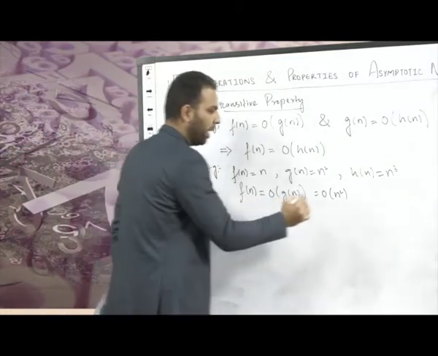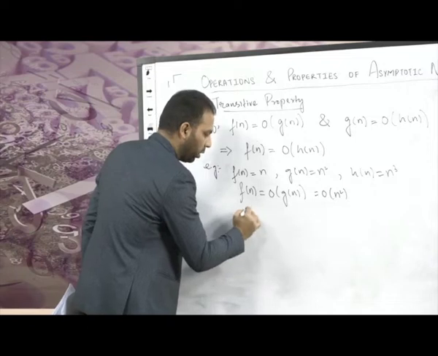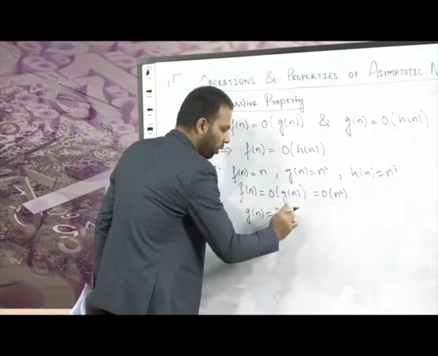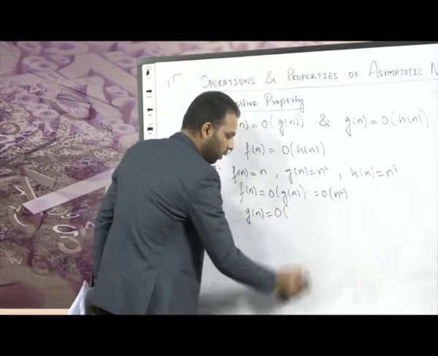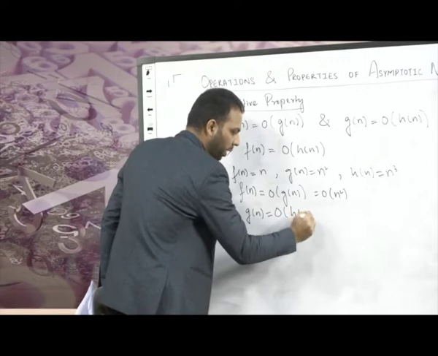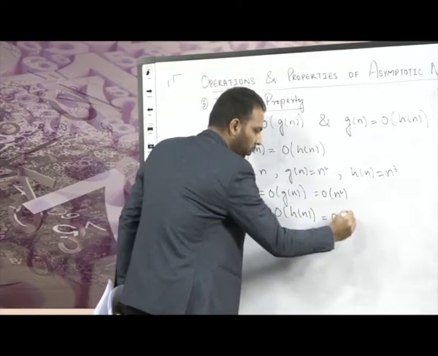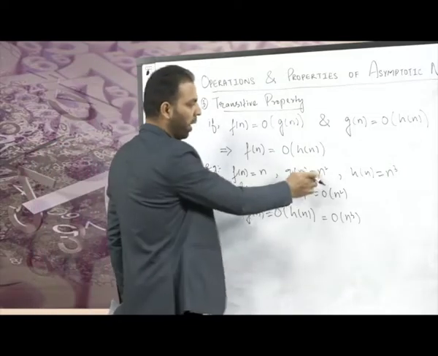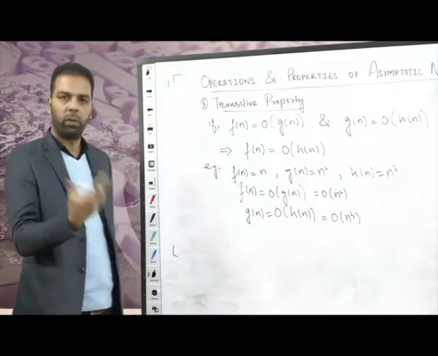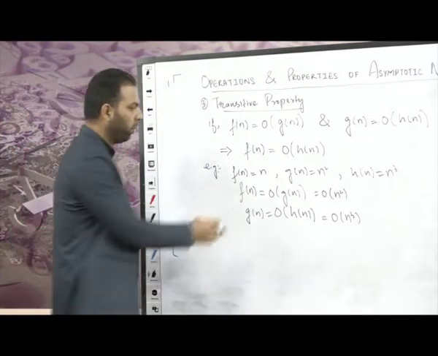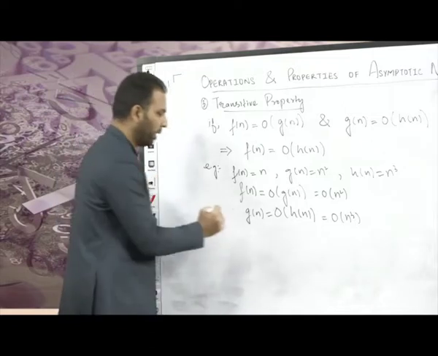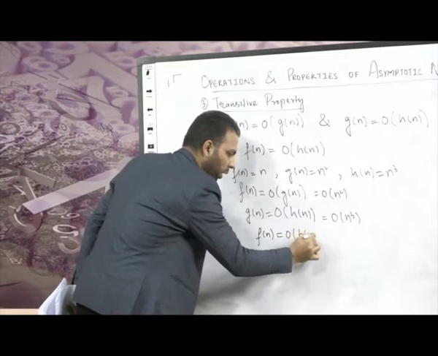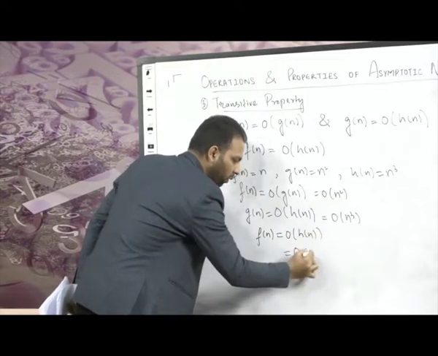Also, we can say that your g of n is order of h of n, which is equal to order of n cube. Yes, we can write, because g of n is your n square and n square is order of n cube, the upper limit. So from these two, using transitivity property, what we can say is that f of n is order of h of n, means it will be order of n cube.